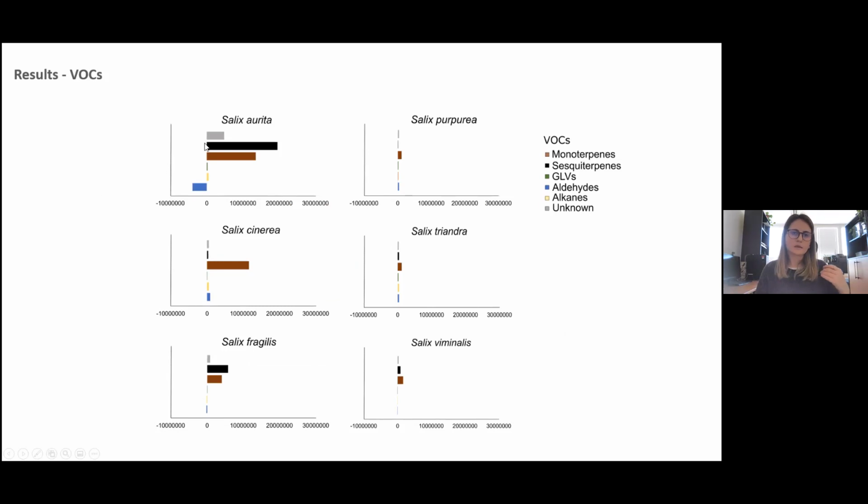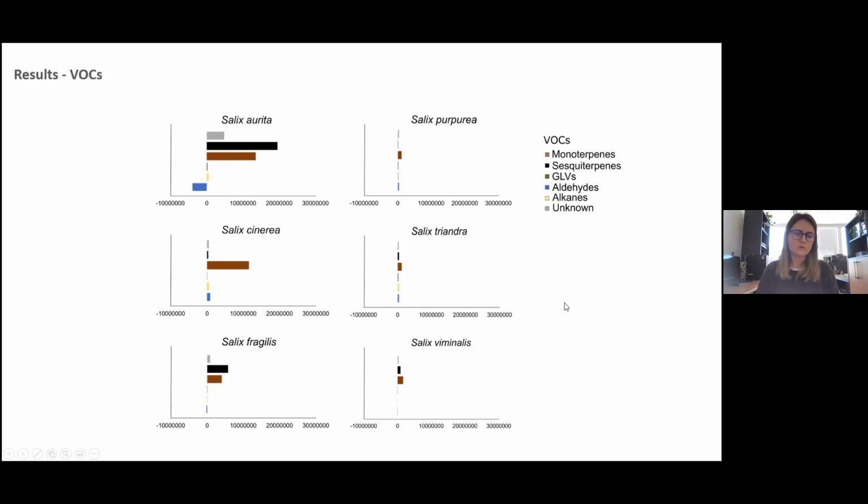Salix aurita, for example, is strongly upregulating mono- and sesquiterpenes, but also strongly downregulating aldehydes. And the others are also showing this pattern for monoterpenes at least, but the others, such as Salix purpurea, triandra, and viminalis, are not showing such a strong induction, but they are more or less inducing all the compounds equally. But if you take a look at these, just accounting for plant species identity, you can see that there is differentiation.